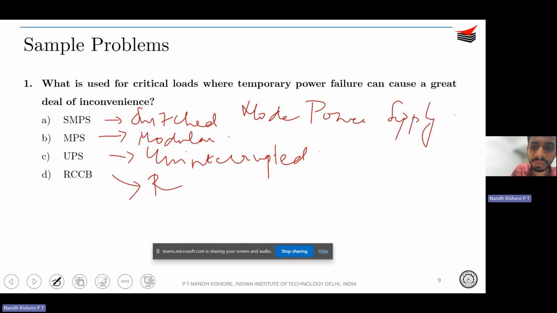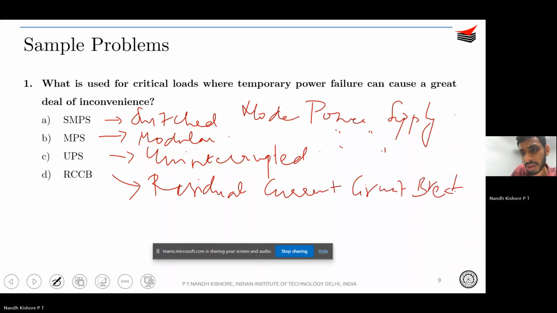And RCCB is your residual current circuit breaker. So you might guess the answer is UPS basically, correct?